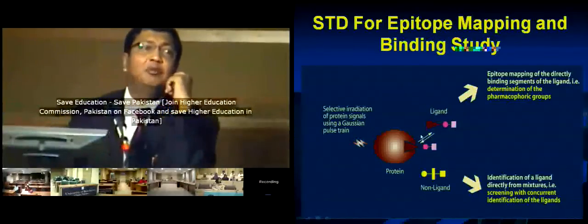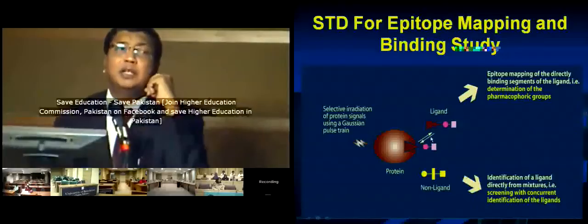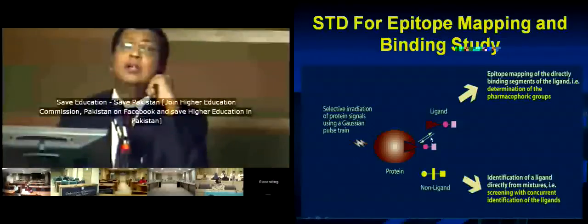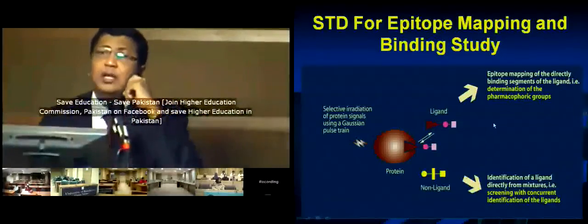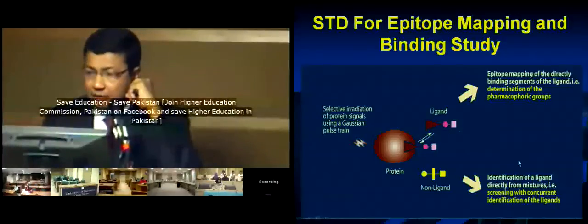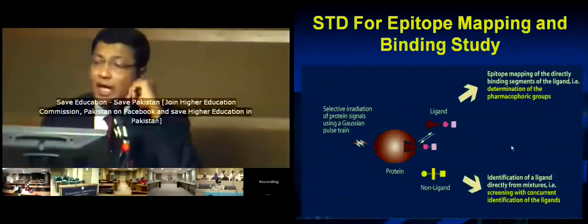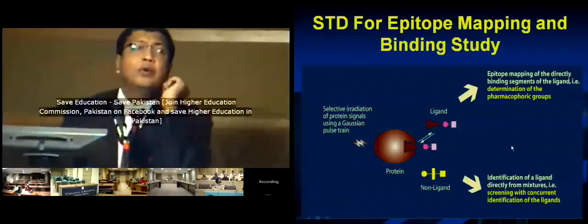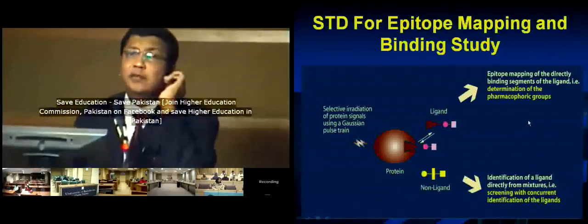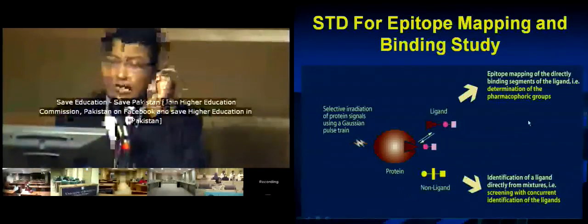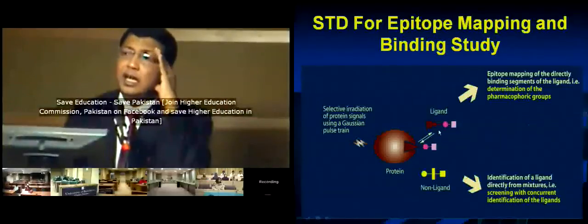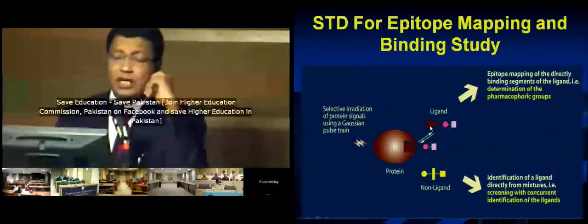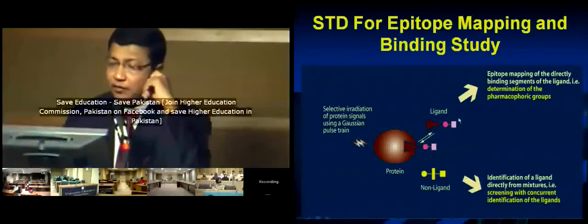So several important mechanism-based pieces of information are obtained by using NMR spectroscopy in drug discovery and development. Okay? And that also gives you a pharmacophoric group. So for instance, if I discover that this ligand has an epitope which goes into the binding site of the enzyme, and I want to get rid of this.